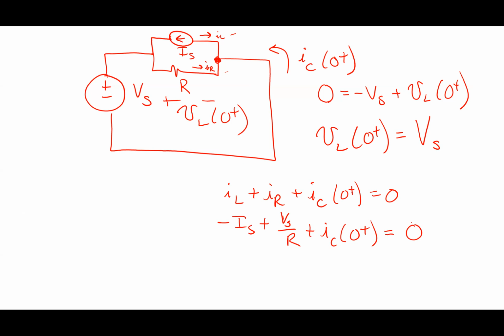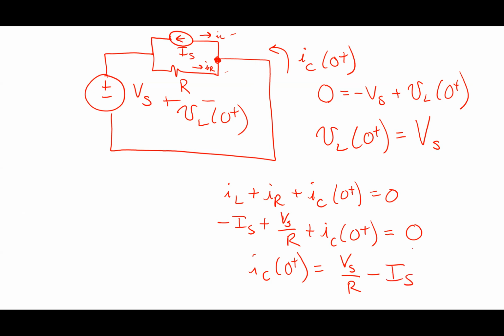That's all equal to 0. Oh boy. So what does that tell me? That tells me that I sub C of 0 plus has to be equal to Vs over R minus I sub S.